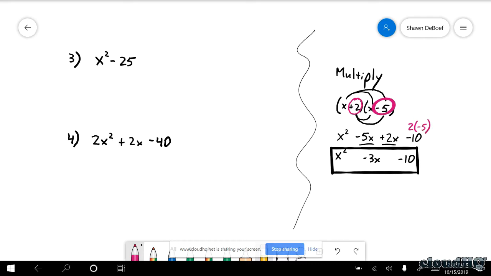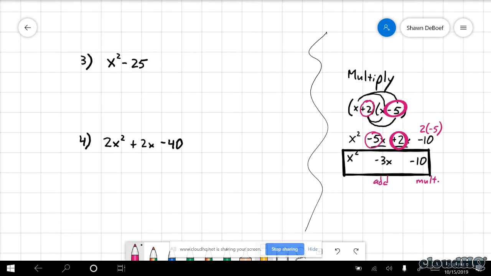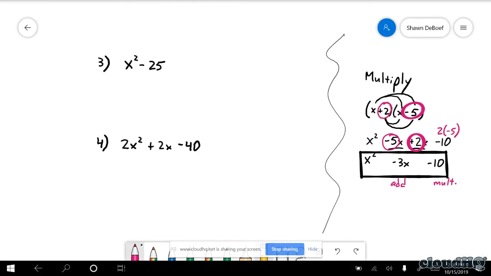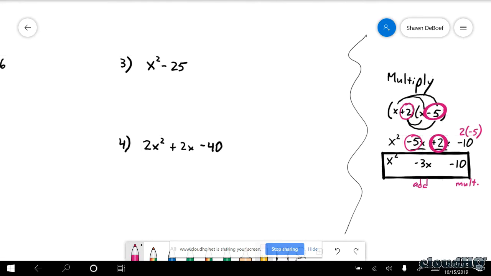You multiply to get that, and you added the 2 and the -5 to get the -3 in the middle. So you multiplied to get the -10, you added to get the -3, and that should be helpful when we come back over to our warm-up problems where we're going the opposite direction.